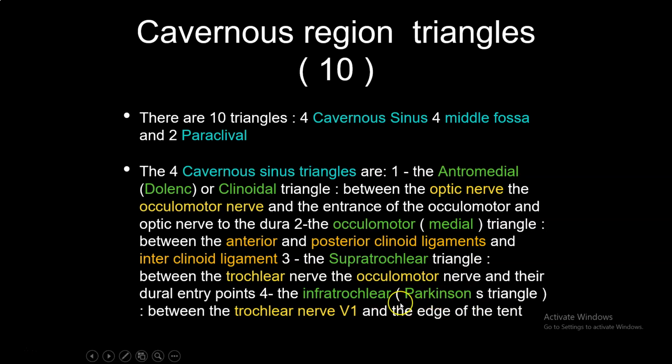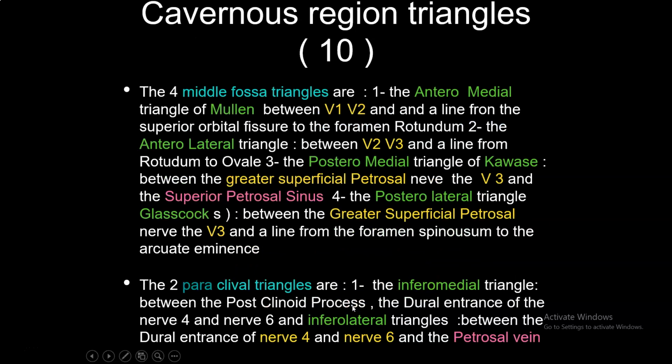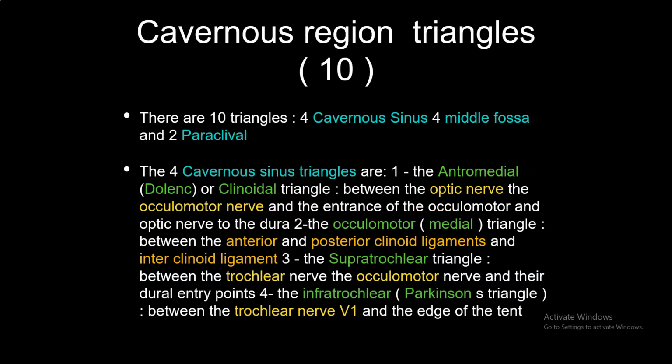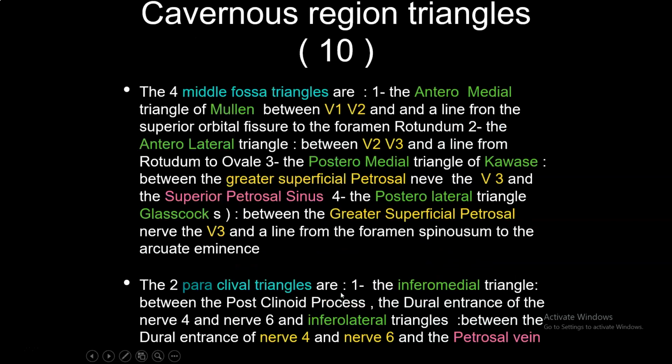Professor Dwight Parkinson discovered this in the 70s, and we said that through this window we can enter the cavernous sinus between the oculomotor trochlear above and the V1 ophthalmic division of the trigeminal below. So, 4 triangles related to the cavernous sinus: anteromedial, clinoidal, oculomotor, all know about, supratrochlear, infratrochlear.